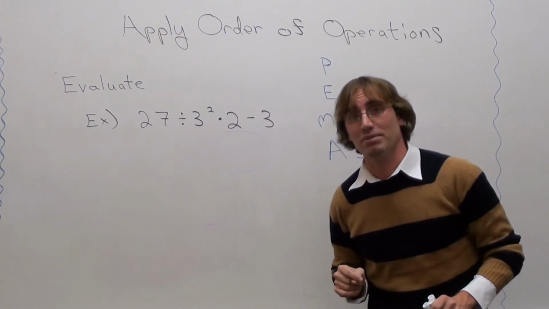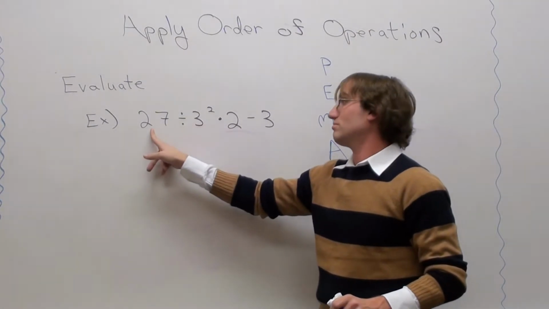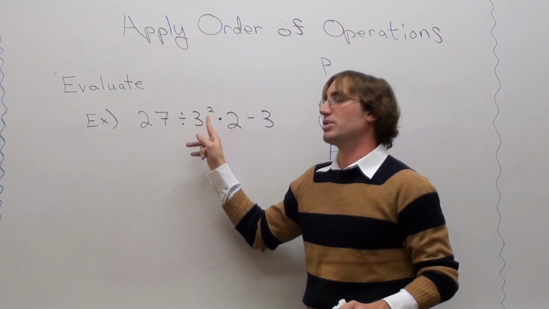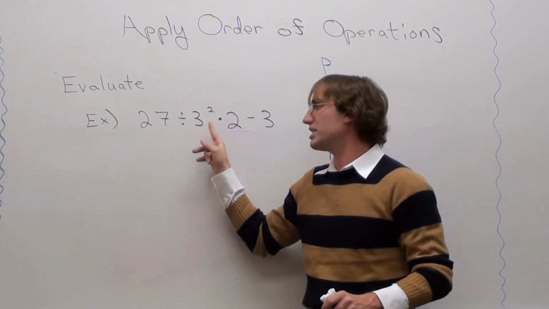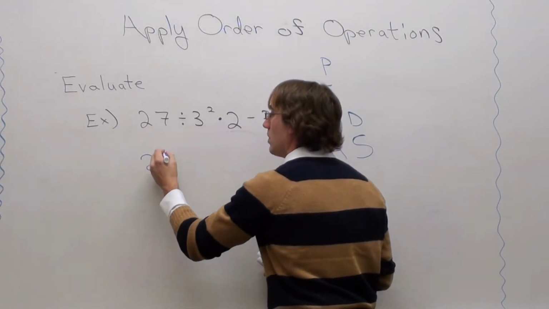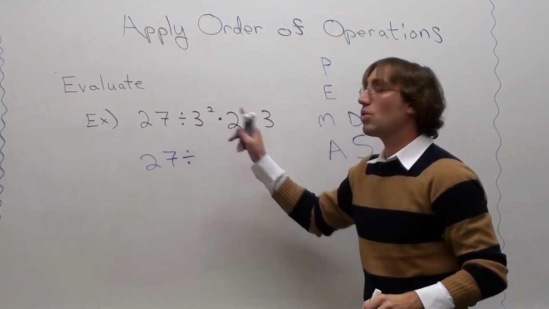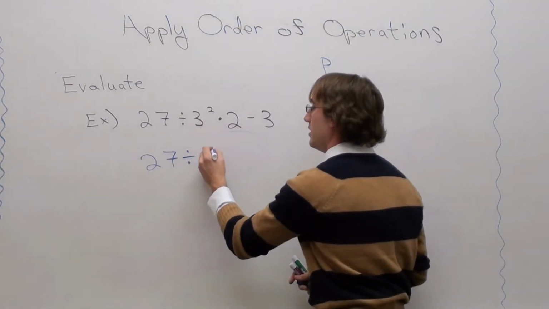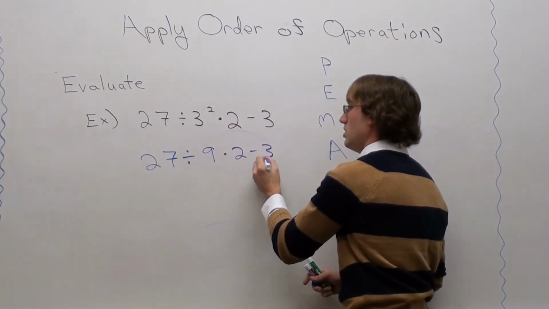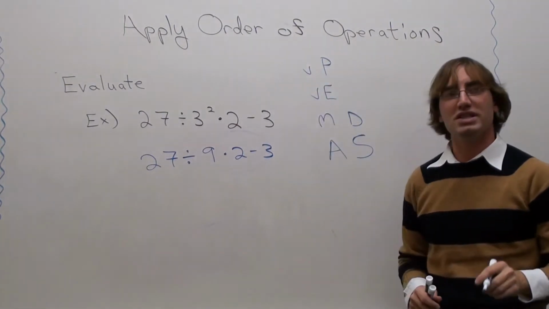But I do got to worry about exponents, because that's the next step. 3 squared, or 3 times 3. 3 squared is not 6, it's 3 times 3. 27 divided by 3 squared is 9. Then I can write times 2 subtracted by 3. So I took care of my parentheses and my exponents.